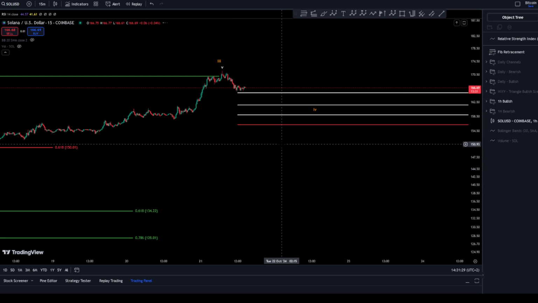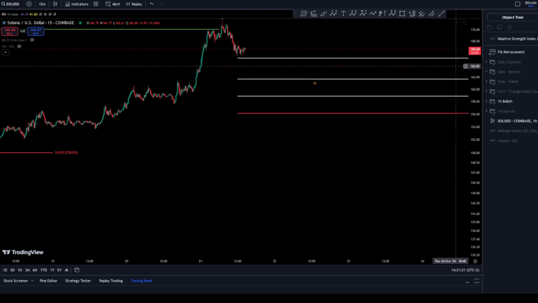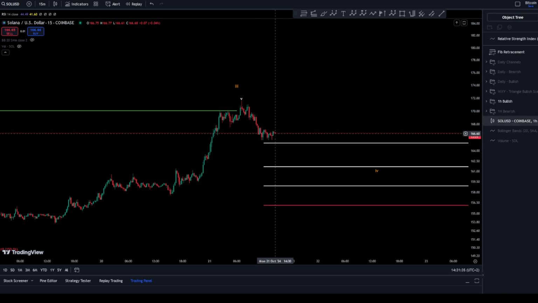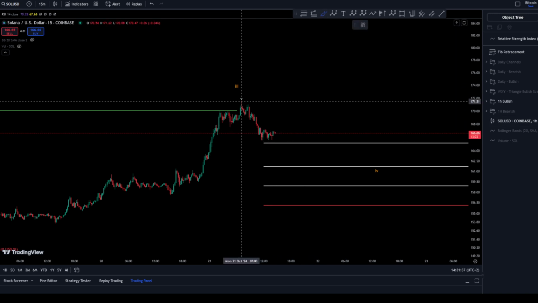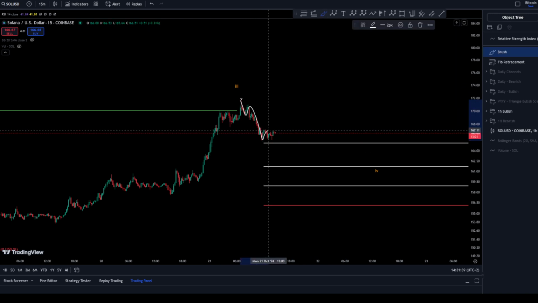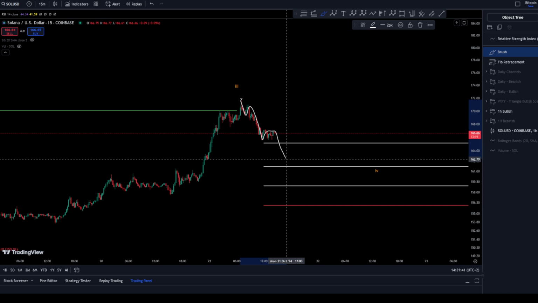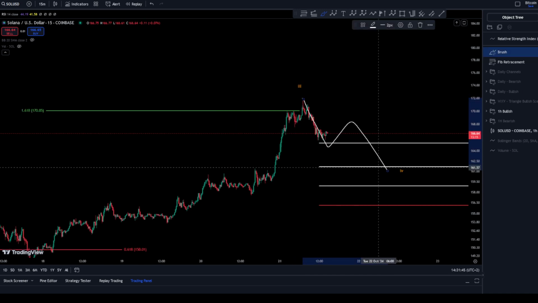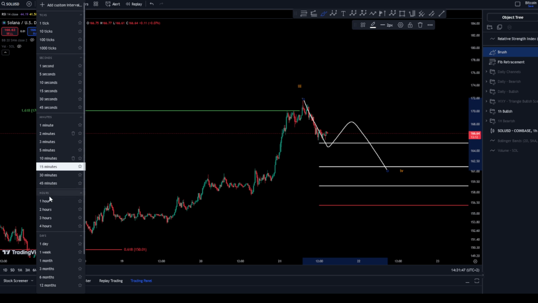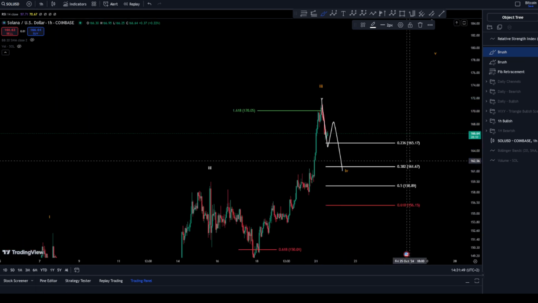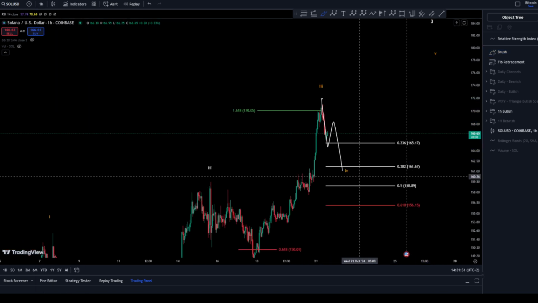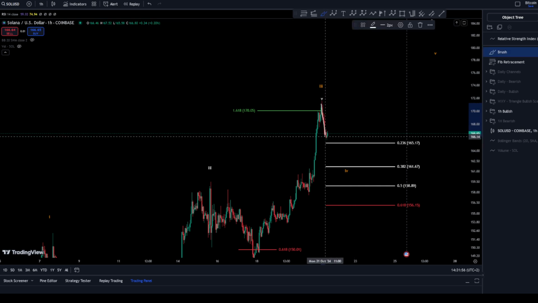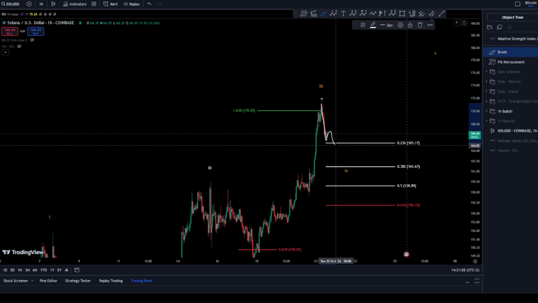Now, definitely, it looks like kind of an impulse. Let's check it. Yes, it looks like 1, 2, 3, 4, and you're still looking for a wave 5, 1, 2, 3, 4, and ranging, and then one more wave 5. Therefore, this can be a zigzag here, where you want to look at the 1 hour chart to hit almost the 0.38, or even possibly that it can be just one wave towards the downside.